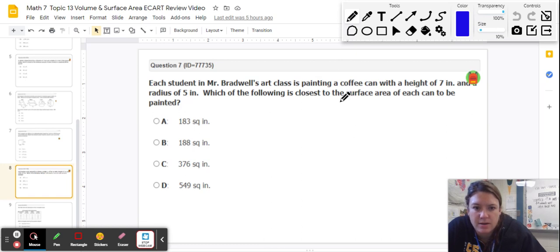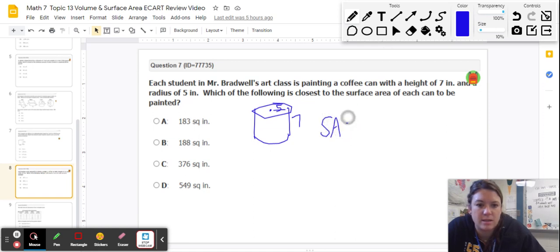Surface area of a coffee can. A coffee can is a cylinder, and the height is 7 and the radius is 5. So surface area of a cylinder is 2 pi r squared plus 2 pi rh.